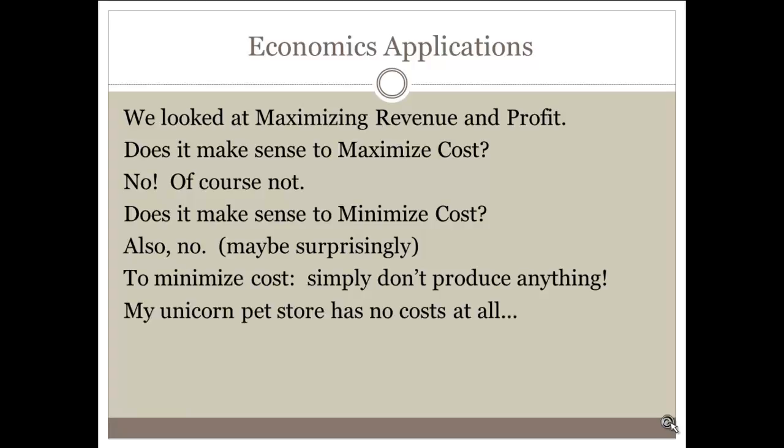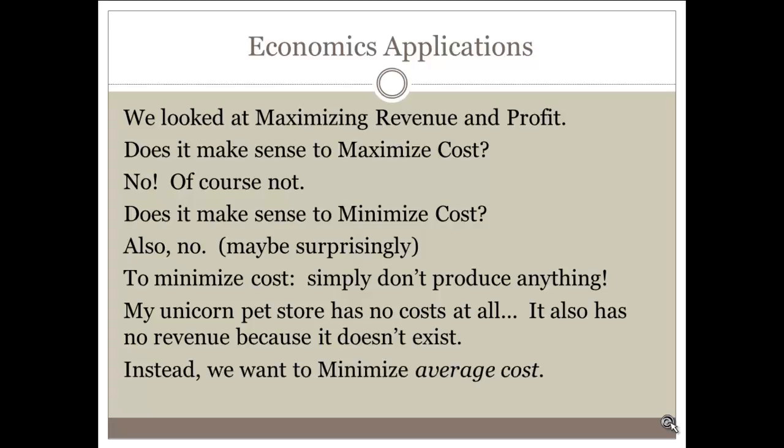My unicorn pet store has no costs at all. It also has no revenue because it doesn't exist. So it doesn't make sense simply to minimize cost. So what do we want to do? Instead, we want to minimize average cost. That is, we want the lowest cost per unit made.